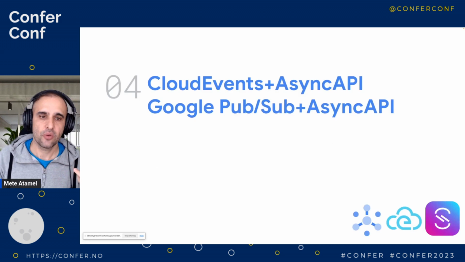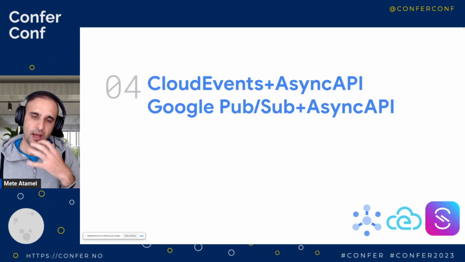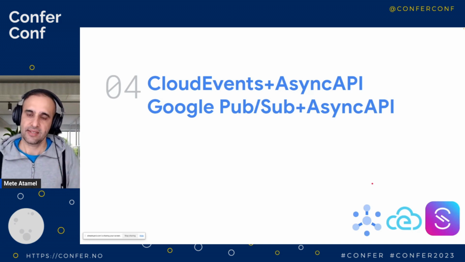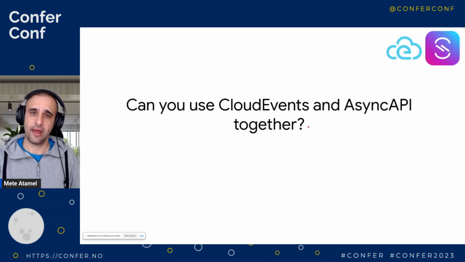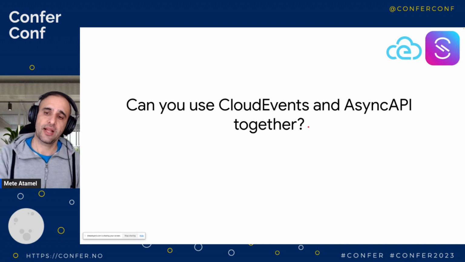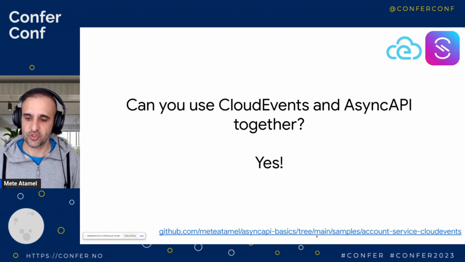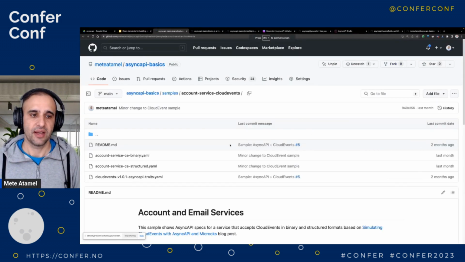And in the last 2 minutes, I also want to show you how extensible Async API is. So I talked about CloudEvents and Async API, and I also talked about Google Cloud PubSub and Async API. So one question you can have is, can I use CloudEvents and Async API together? And the answer is yes. I'll show you an example of this.